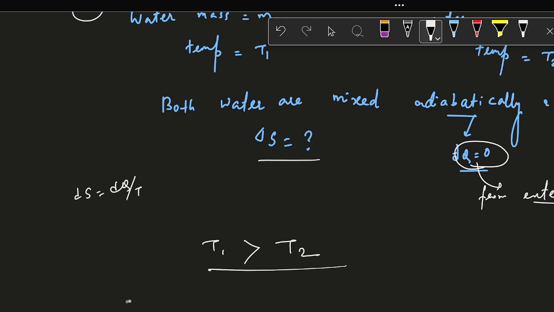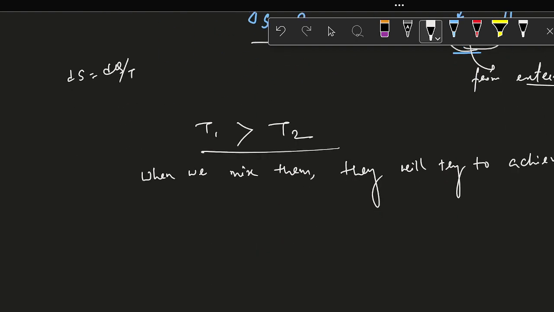So again when we mix them, they will try to achieve a thermal equilibrium. That means they will absorb and release heat within themselves. So the condition is that heat lost equals heat gained.